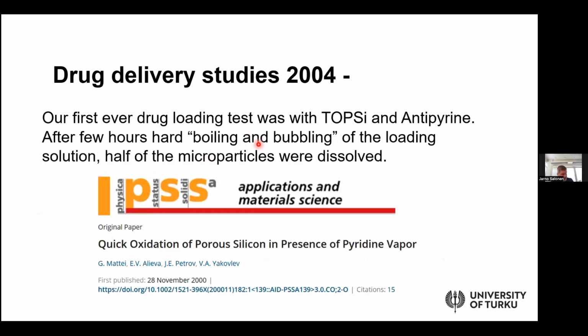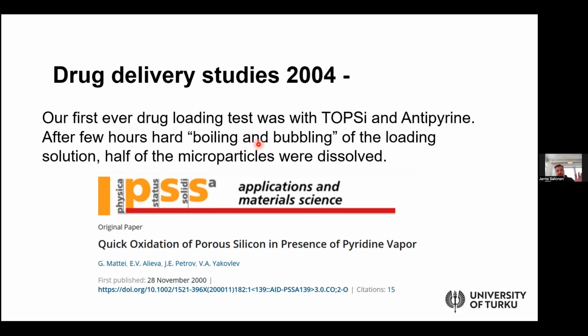Then from gas sensors, we moved on to drug delivery studies in 2004. And I never planned to use thermal carbonization in drug delivery applications. It was meant to be a stabilization method for gas sensors and things like that.